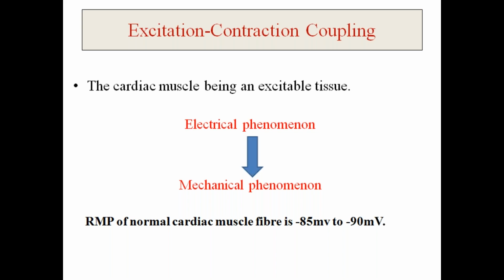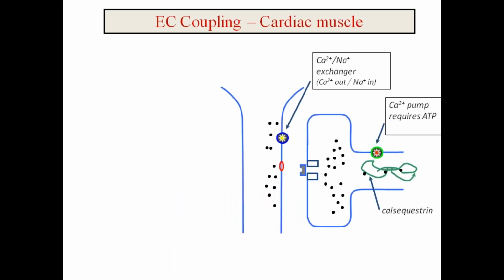Now we know that the resting membrane potential of cardiac muscle is about minus 85 to minus 95 millivolts. Now we will see how excitation contraction coupling happens, and what is the difference compared to skeletal muscle.